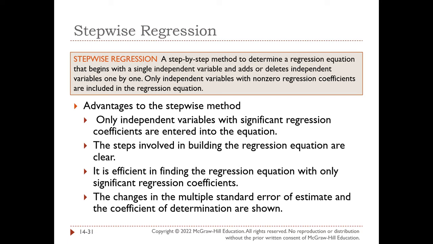Advantages to the stepwise method: only independent variables with significant regression coefficients are entered. The steps involved in building the regression equation are clear. It's efficient in finding the regression equation with only significant regression coefficients, and the change in the multiple standard error of estimate and the coefficient of determination are shown.